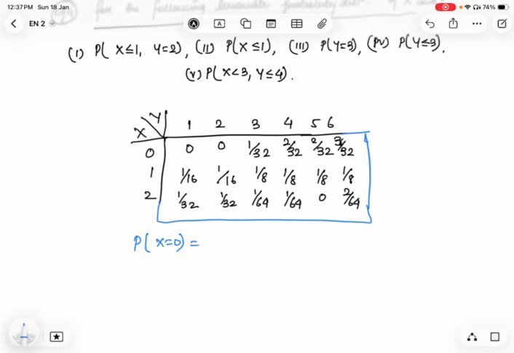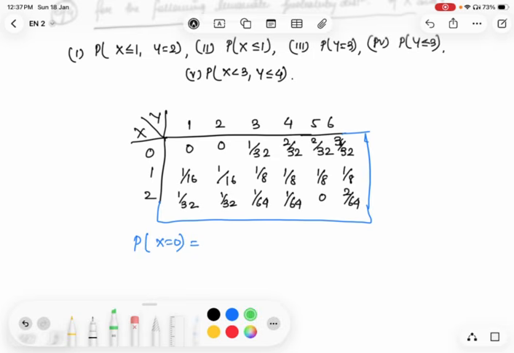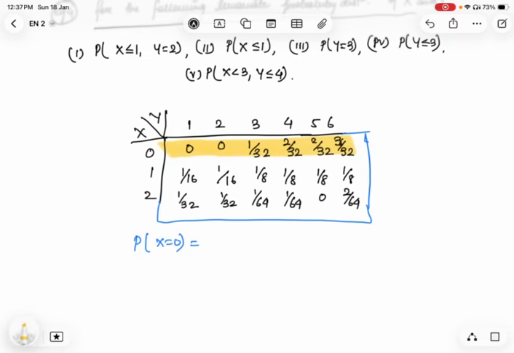It is nothing but add all of these. So the probability of X equal to 0 is 0 plus 0 plus 1 by 32 plus 2 by 32 plus 2 by 32 plus 3 by 32, that is equal to 8 by 32.